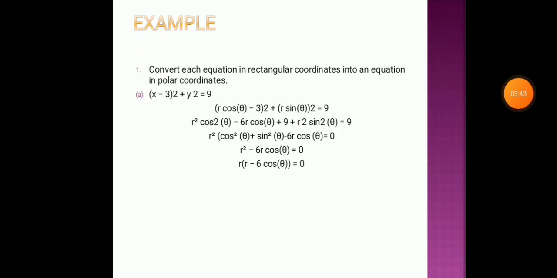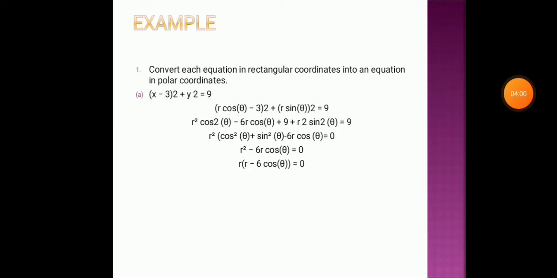So let's have the quantity of x minus 3 squared plus y squared is equal to 9.